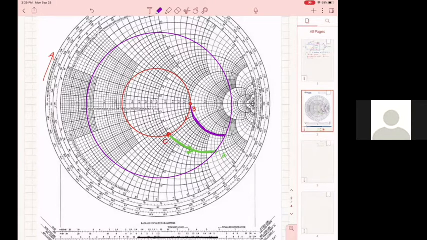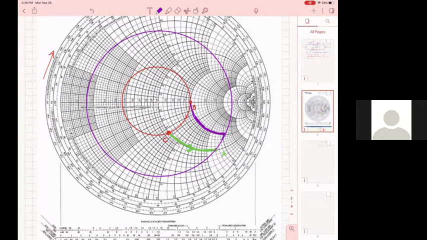Then I need to move going towards the generator, like that, and come to A. So either I follow the purple line with these arrows, or I follow this one first and then the green, and I'm getting to the same point, which is A.